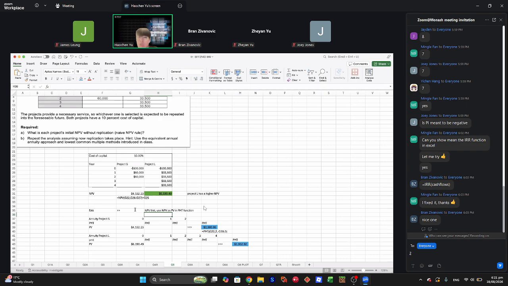So this is the key idea of EAA. You calculate NPV first, then use that NPV as the present value in the PMT function. Then you will be able to get the result. And then you just take the one with higher PMT.